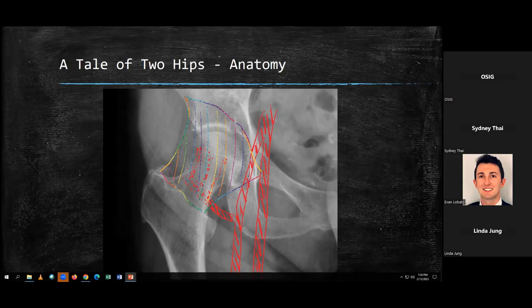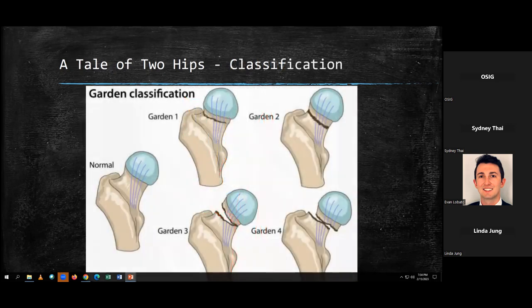I think this is important. Just like Anna was describing some of her fractures as oblique or transverse or displaced or non-displaced, the way that we think of fractures in the femoral neck and in this proximal femur, we classify them based on how much they're displaced and how much of a fracture there is.